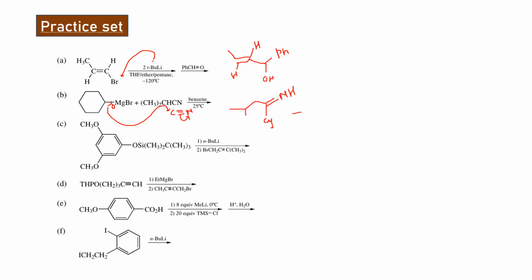Next is this one, this type of problem we just solved. They just changed the group here. So what will happen in this case? This butyl lithium will take a proton from this position and this allylic bromide will enter, and we will get this as our product. I am not drawing the other part of the product.